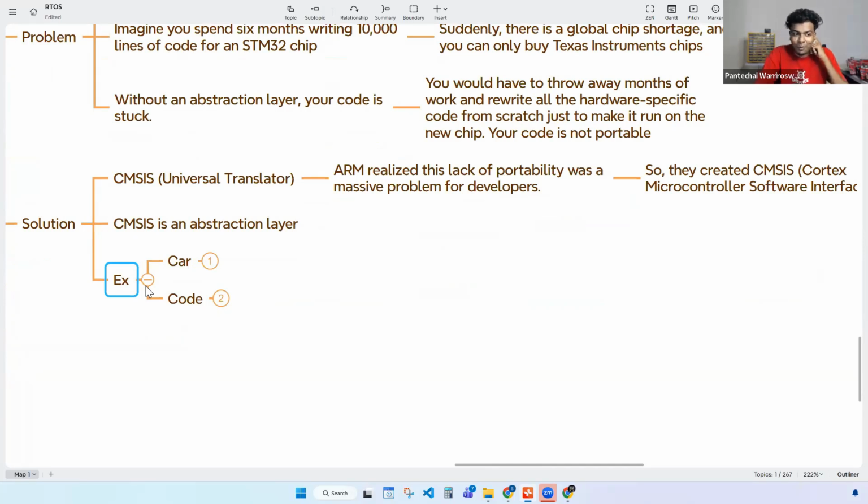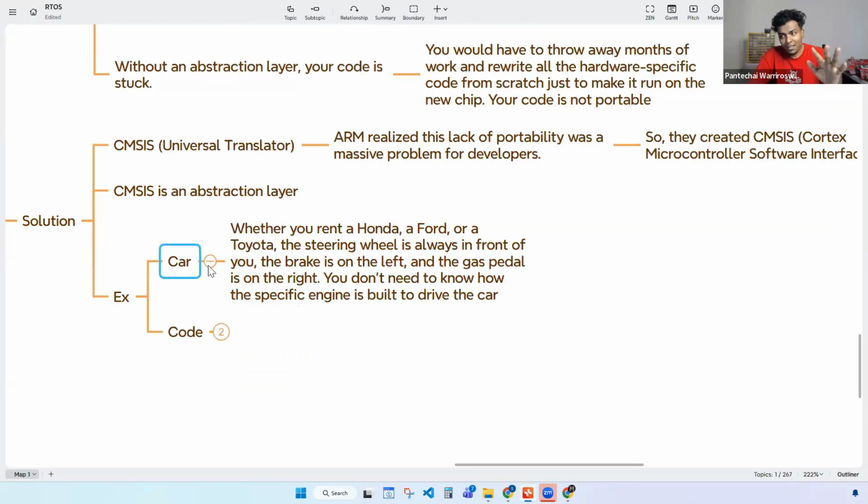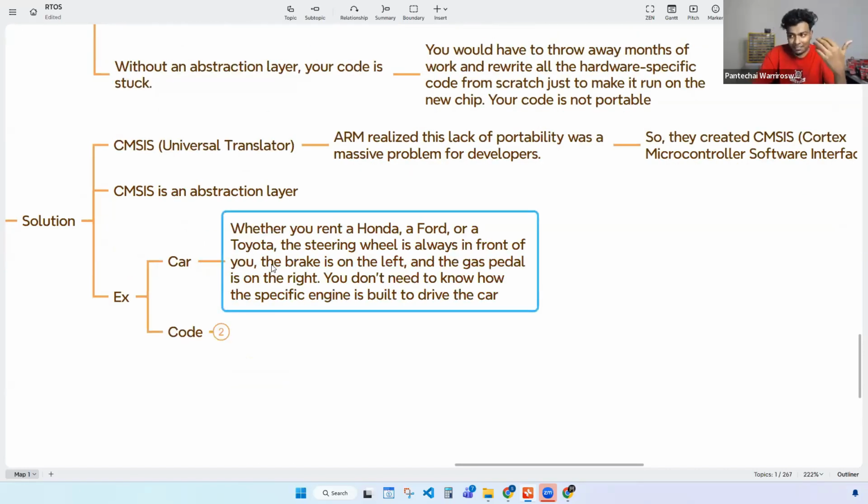Imagine, how many of you know driving? Even if you are driving a BMW, a Benz, a Rolls Royce, a Skoda, any car, even though the brand is changing, the steering will be like this.